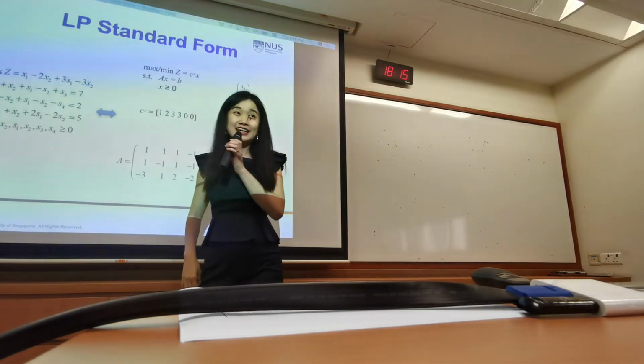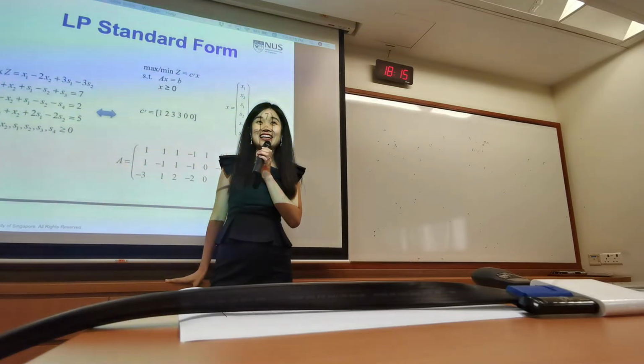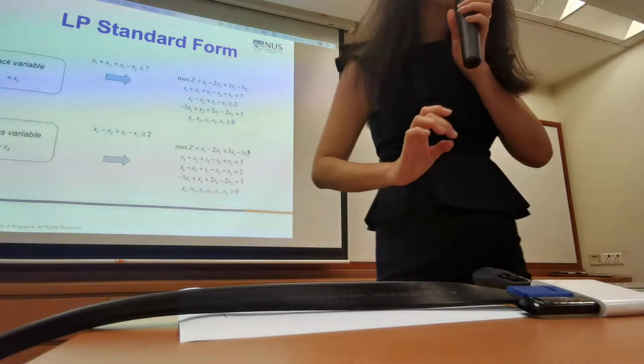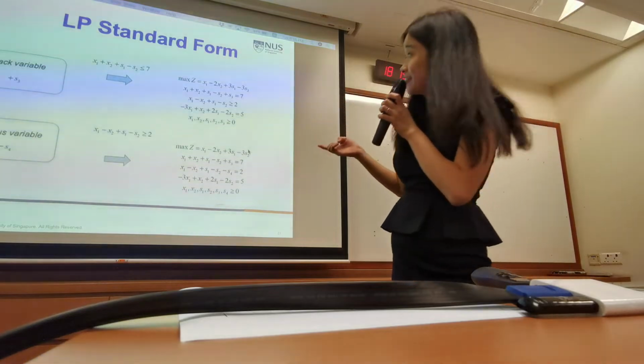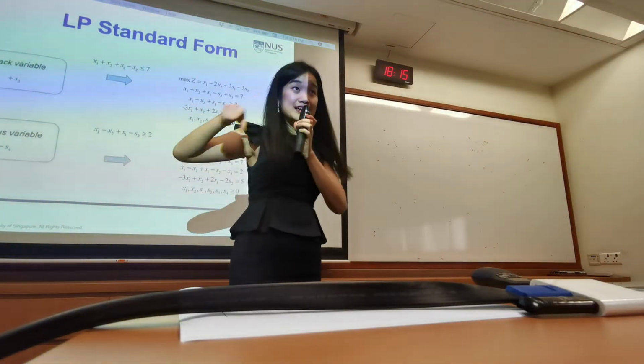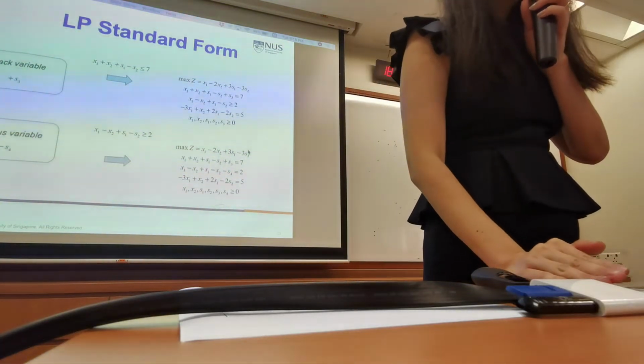Well, the s3 is what? Slack or surplus? Slack variable, because it turns the original inequality into an equality. When it's smaller or equal, we add something to become a slack.